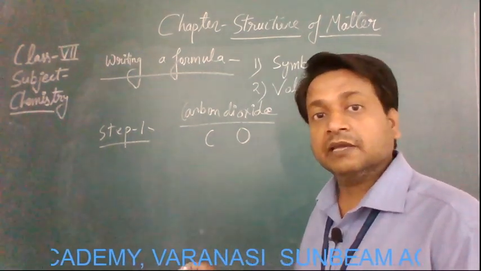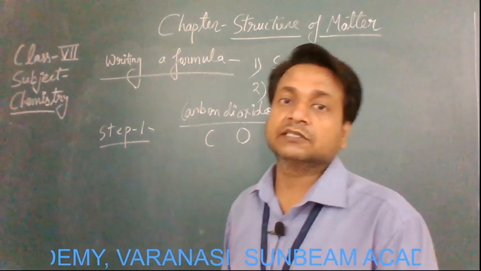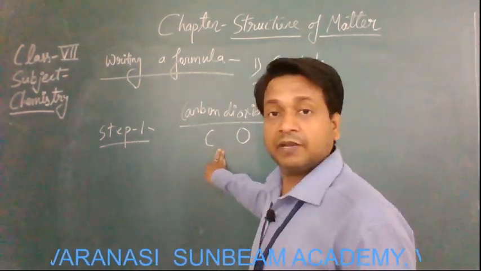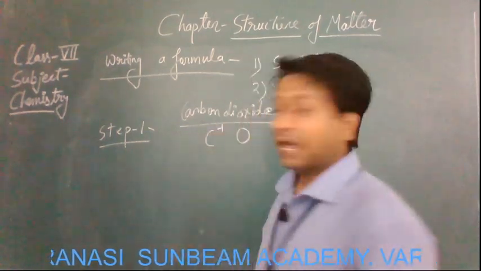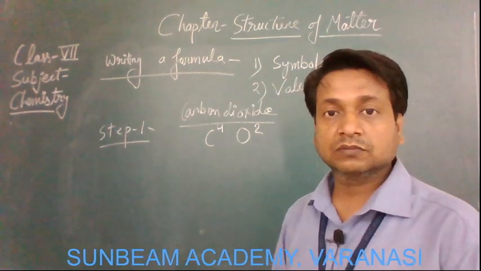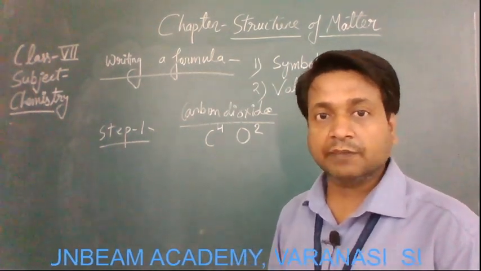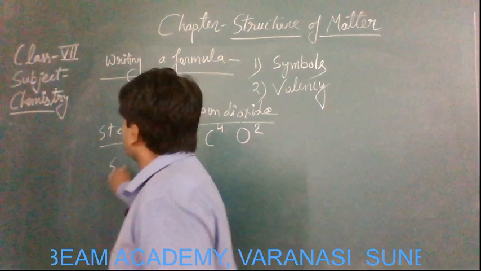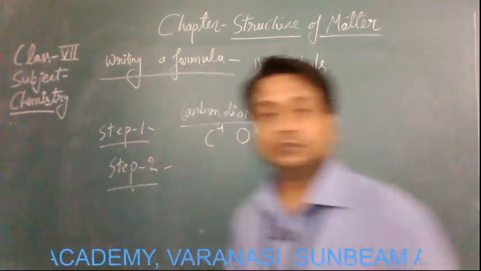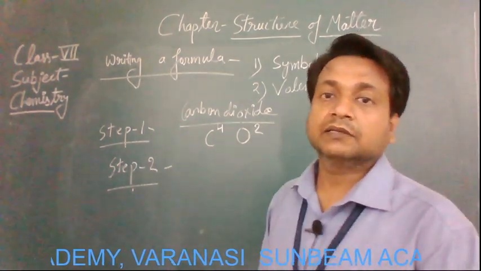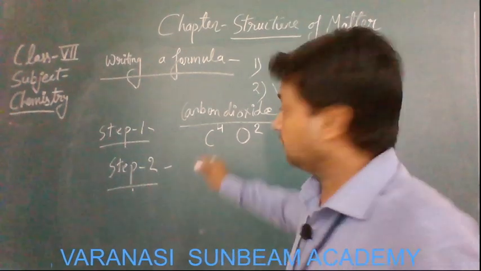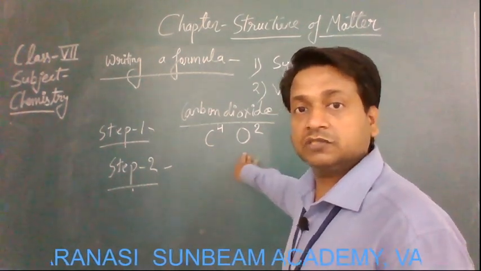Now after writing them, write their valencies at the top as a superscript. The valency of carbon is 4 and the valency of oxygen is 2. This is our first step. Now in the second step, we simplify these valencies by using a common factor. The valency of carbon is 4 and of oxygen is 2.